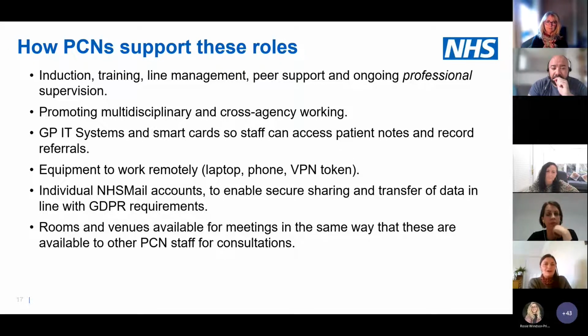But in short, one of the things that we're hearing quite regularly is there is a lack of clarity around training and support, particularly around supervision. So we are planning to run a webinar in the next few months outlining some additional guidance that's coming out to support PCNs around supervision. NHS England are developing various different test sites, so there will be changes, and we'll update you as soon as we get that.